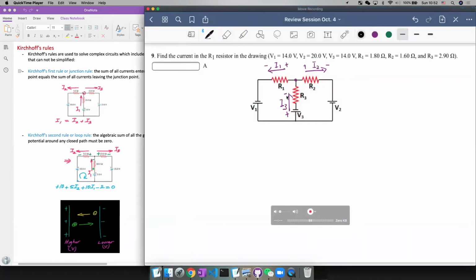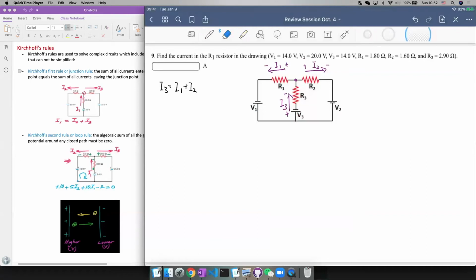I3 is the one entering the point, and I1 and I2 are the two leaving the junction point. So we have I3 equals I1 plus I2. This is the first equation we're going to use later on.